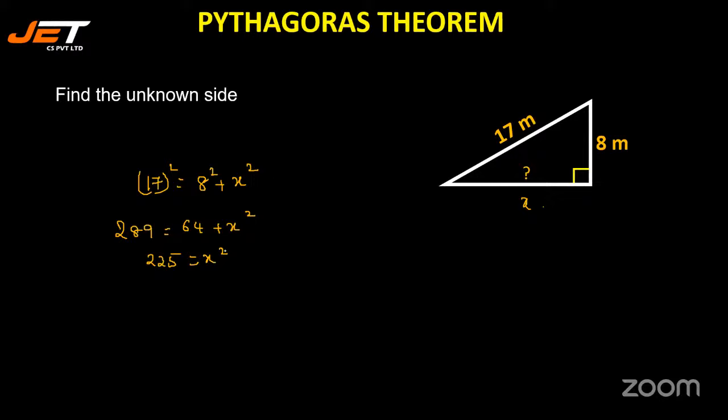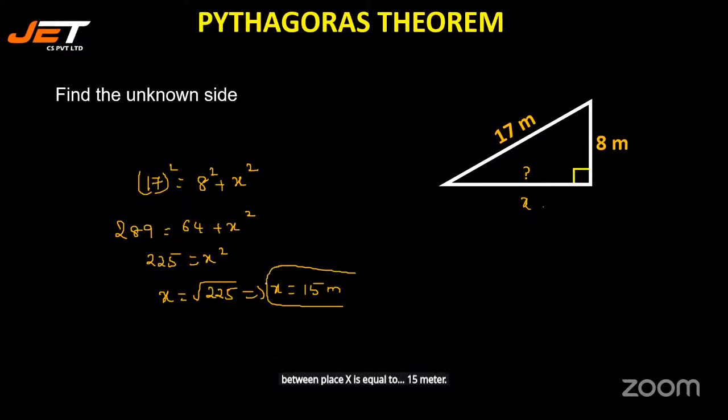So the answer is 15. X is going to be the square root of 225, which implies x is equal to 15 meter. Clear?